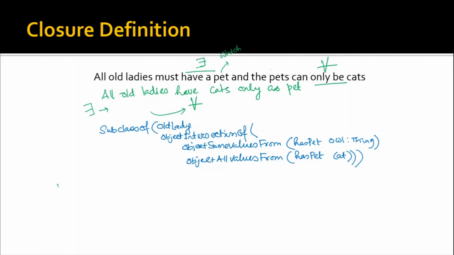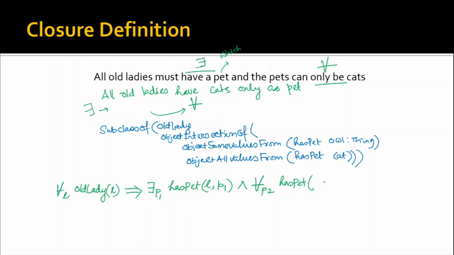For all L, old lady L implies that there exists a pet P1, has pet L P1, and for all P2, has pet L P2 will imply that P2 is a cat, right? So that is how we can implement.